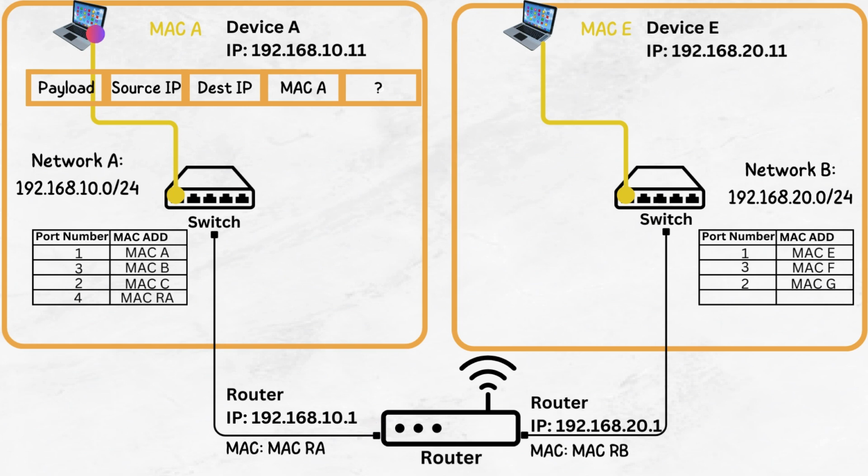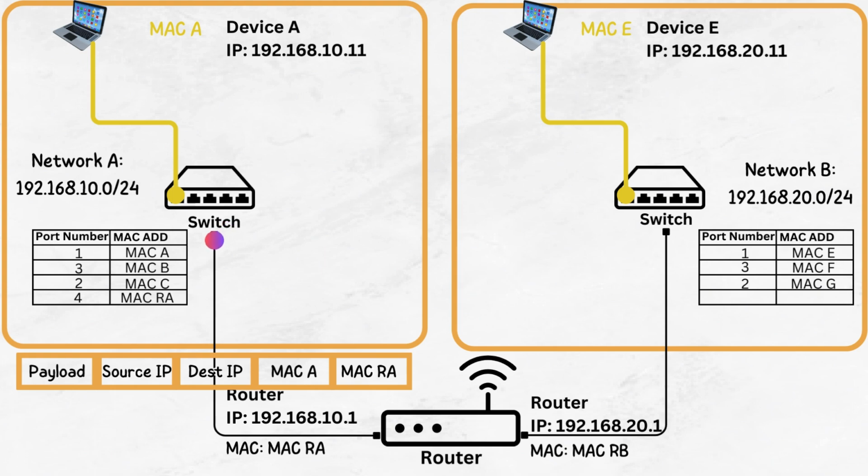The router replies with an ARP response with its MAC address, which is learned by the switch, added to device A's ARP cache table, and added to the frame. Device A sends the packet to the router using the router's MAC address. The switch forwards the packet based on its MAC address table, ensuring it reaches the correct destination.